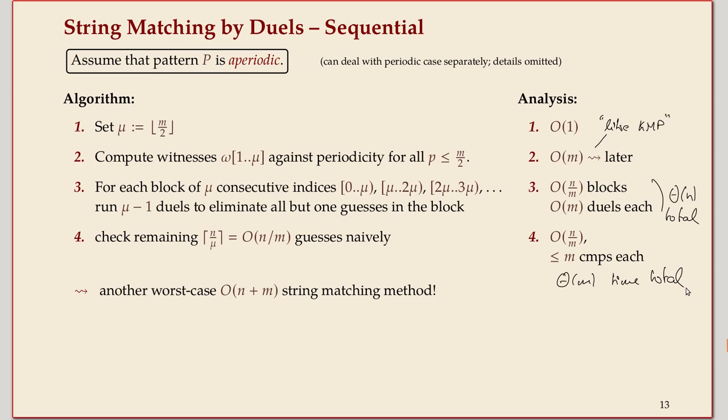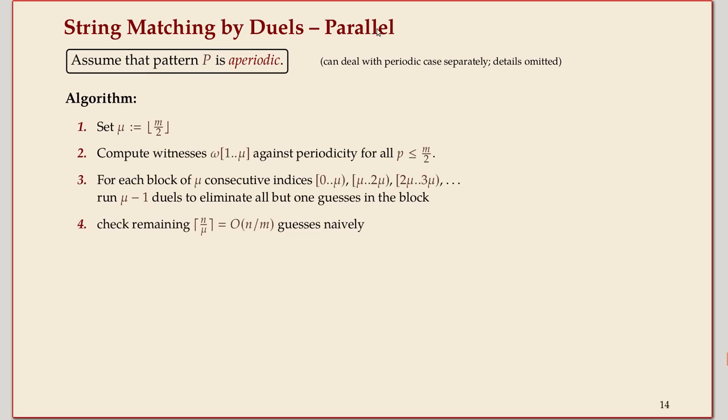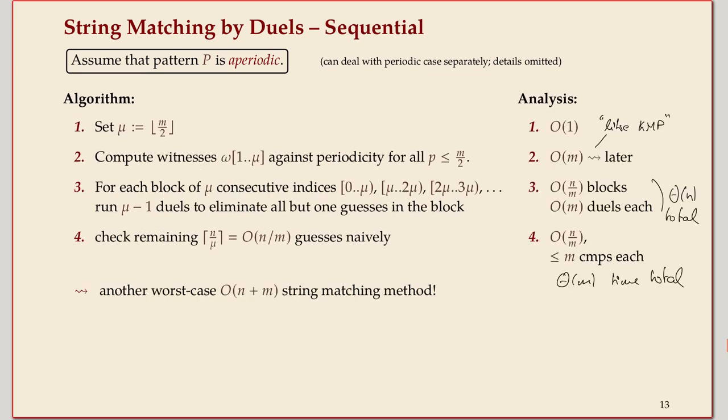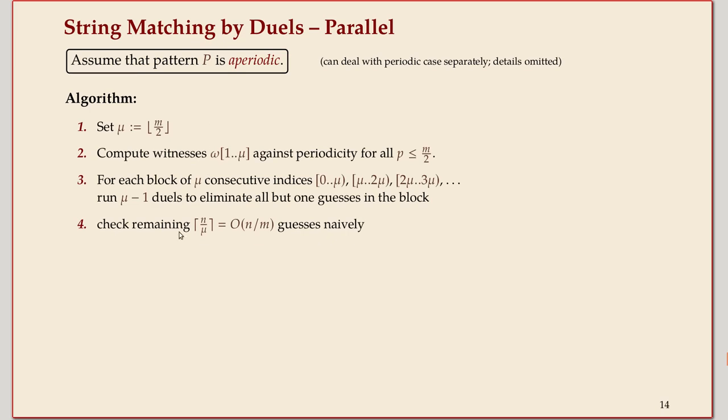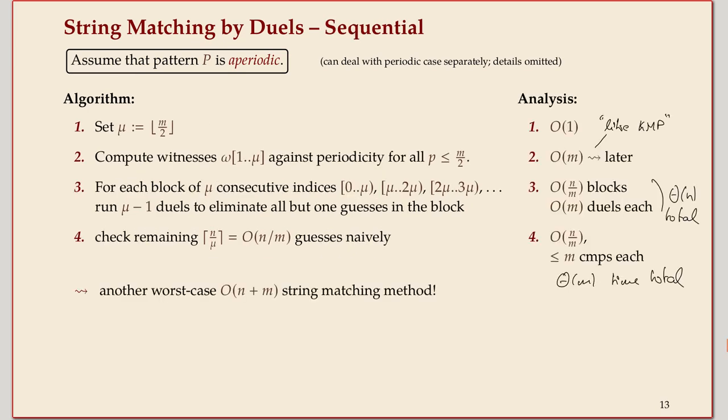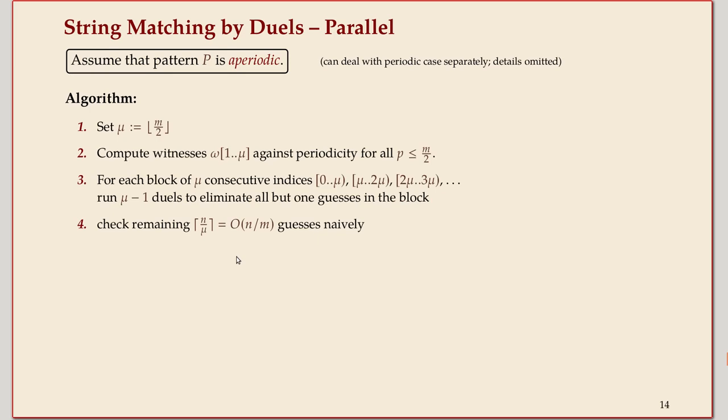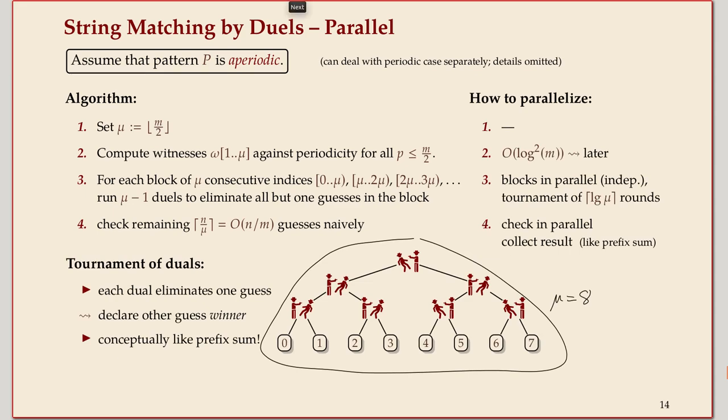But that was sequential, and we already had one that worked well, and we still haven't discussed this step 2. So the real benefit of this matching by duels is if we go to the parallel setting. I don't know if you could see this. The code got a little smaller because I had to squeeze more on the slides. But apart from that, the code is actually the very same thing. But for each of the steps, we have to think about how to do it in parallel now. We don't have to worry about the first step. We do have to worry about the second step, but we will skip that part.